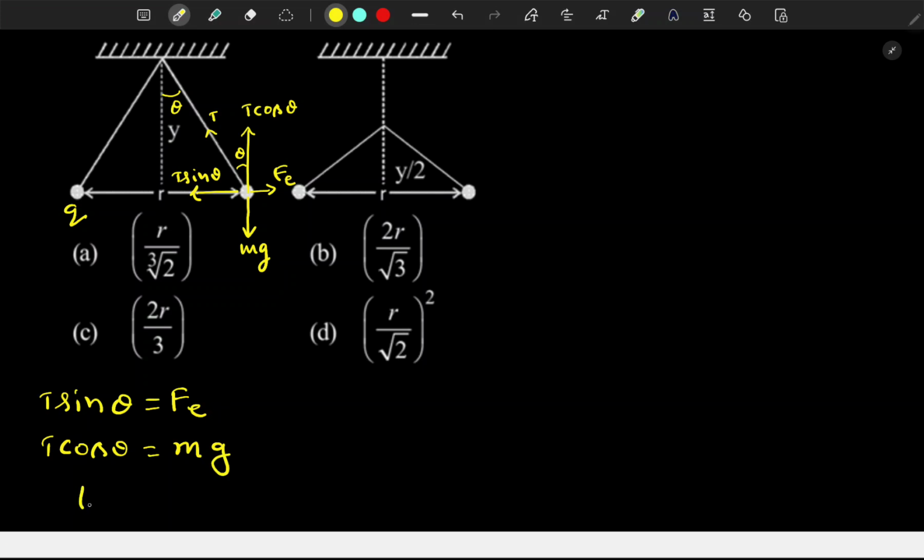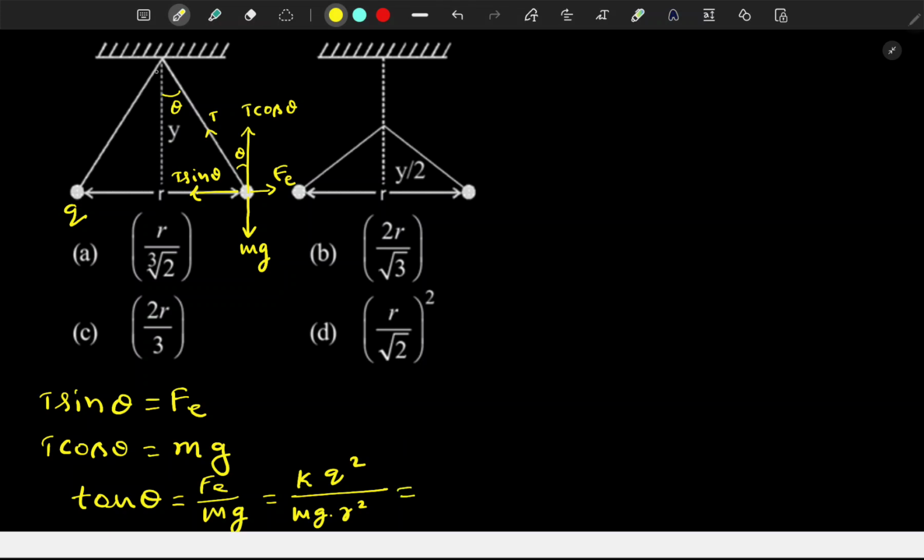Sin theta by cos theta is tan theta, that is equal to Fe divided by mg. Fe is the Coulomb force, that is k q square by r square, into mg as it is. So here the constants are k, m, g, and the charge is also constant; r is the distance between the charges here.